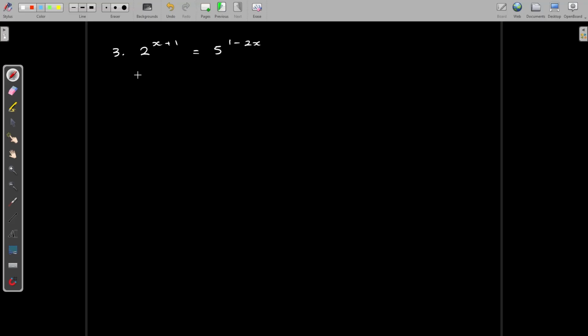Okay, so we take ln of both sides. Then we apply the law. So we can evaluate what ln2 is, evaluate what ln5 is, or we can distribute.